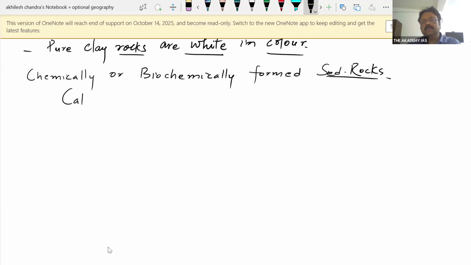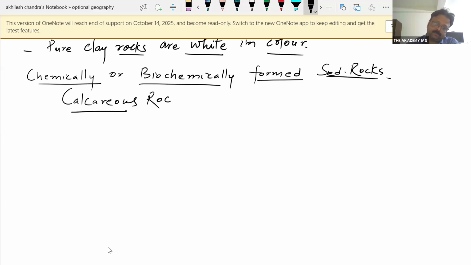So if a pure chemical reaction is taking place, then it is chemically formed. But if any biological organism is involved, and then a chemical reaction takes place, it is biochemically formed sedimentary rock. For example, calcareous rocks.